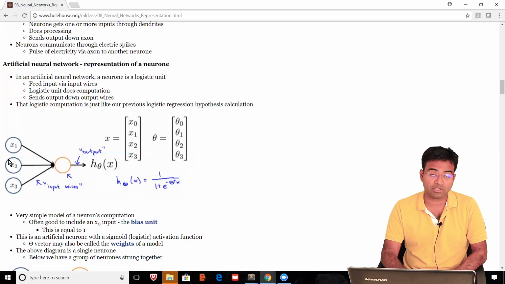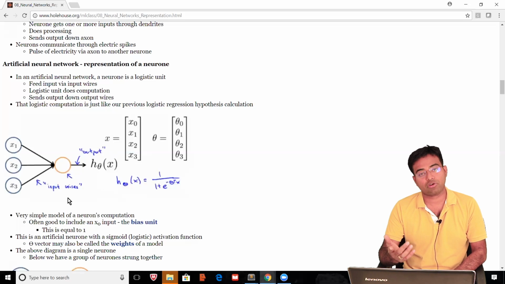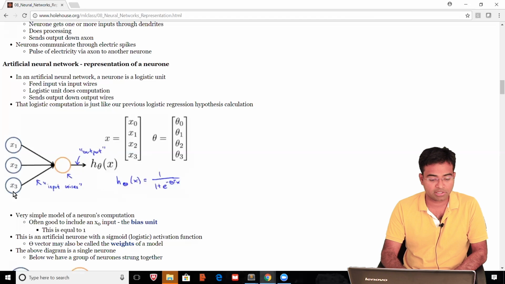These three features come to this processing unit, which is similar to the nucleus of the neuron. It gives some output, which comes to the axon. This is how your basic artificial neuron is. You can call this a perceptron as well. This is the basic unit.